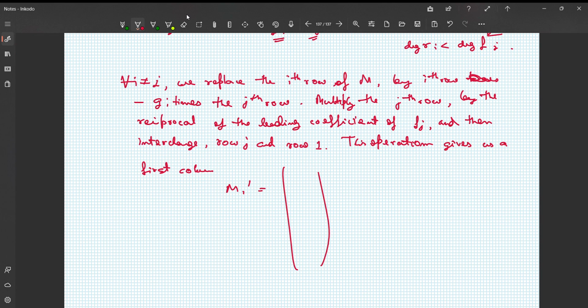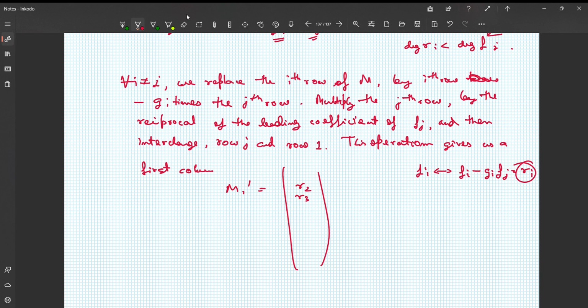Okay. What happens to all the rows except the jth row and the first row? So we are not concerned about anything about the second row. We just choose an arbitrary index j. So suppose j is not equal to 2, 3, 4, and so on and so forth. J is a very specific index. So by the first statement, we replace the ith row. So we replace fi, the polynomial fi, by fi minus gi times fj, and this is simply ri, right?